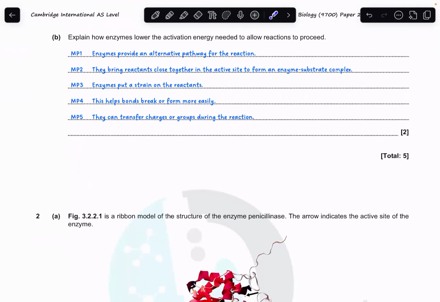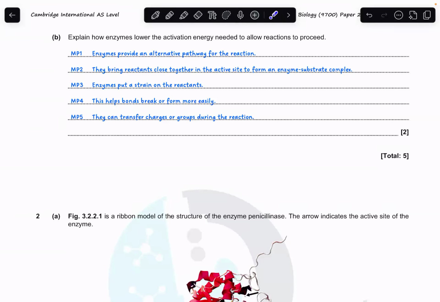Explain how enzymes lower the activation energy needed to allow reactions to proceed. Basically, enzymes provide an alternative pathway for the reaction. How do they bring about this alternative pathway? One method is that they can bring the reactants close together in the active site to form the enzyme-substrate complex, or the enzyme can put a strain on the reactants, where the enzyme active site exerts pressure on the existing chemical bonds, and this helps bonds break or form more easily.